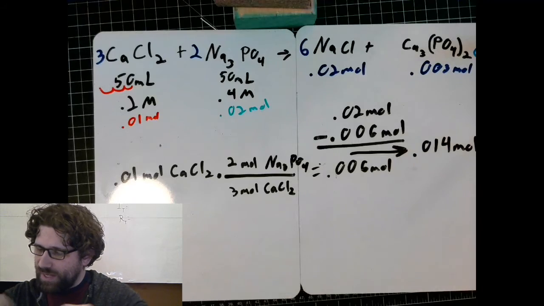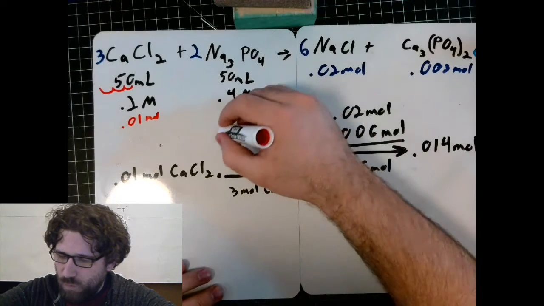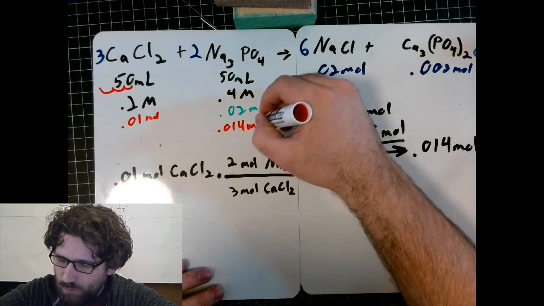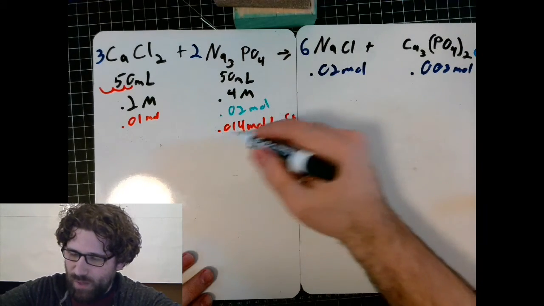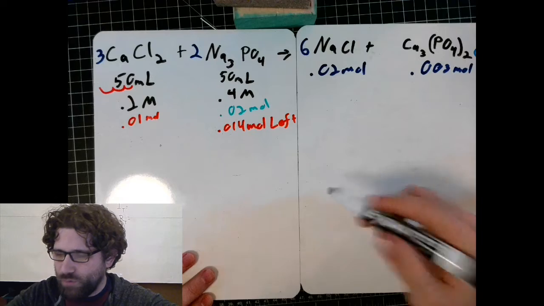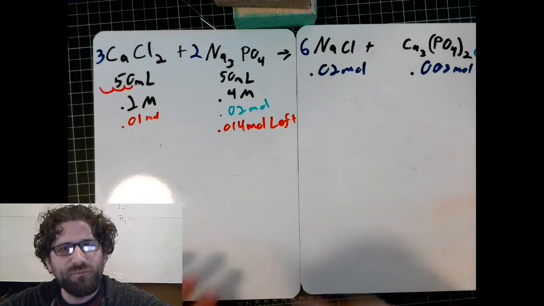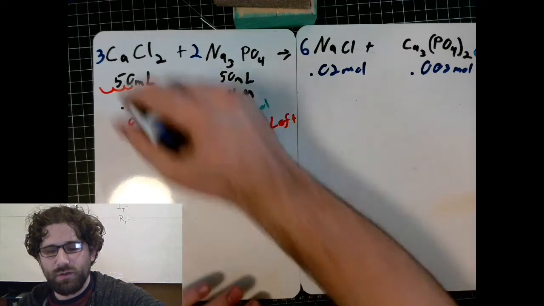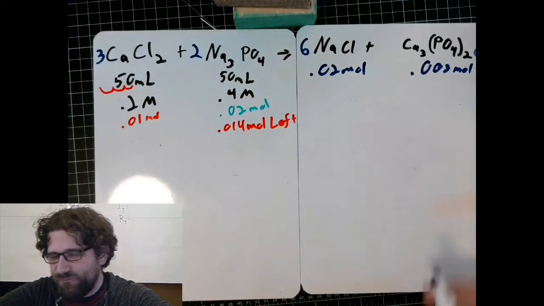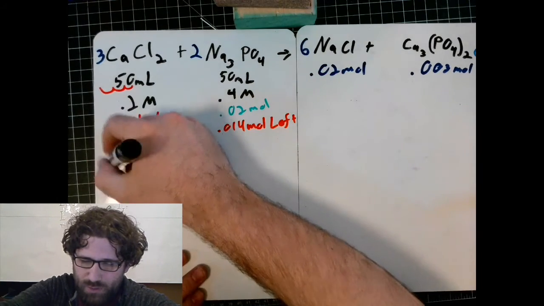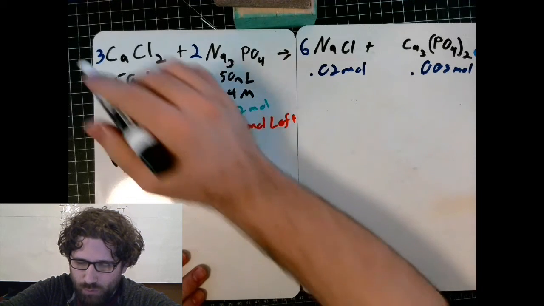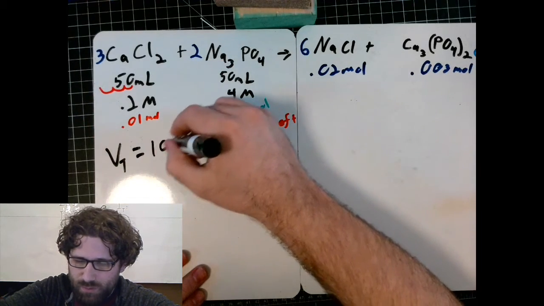So I've got 0.014 moles left. What is my total volume in this reaction? Well, I added 50 milliliters of this to 50 milliliters of this, so my total volume is 100 milliliters.